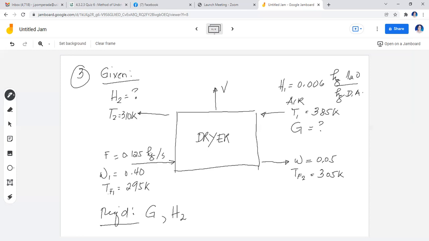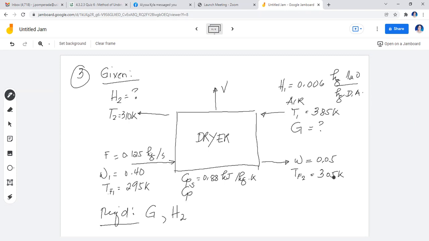Now, what else is given? So there are a lot of given in terms of the CPs. I'd like to write it here one by one. So the CP of the solid, I'd like to refer to the dry material as the solid. That would be 0.88 kilojoule per kilogram Kelvin.